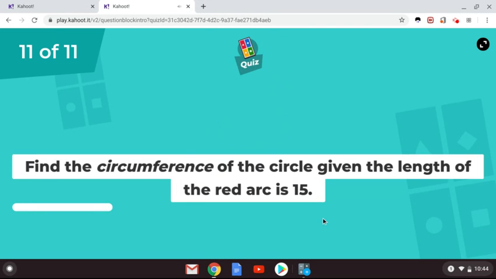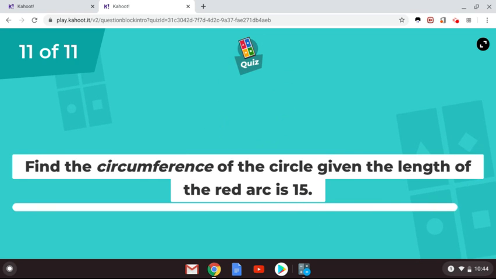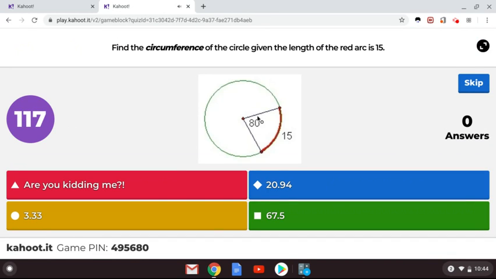And we are on our last problem. Find the circumference of the circle given the length of the red arc is 15. Look carefully that this measurement is in fact for this arc here. The circumference is 2 pi r. Given the length of the red arc is 15, I'm actually going to have to go backwards.